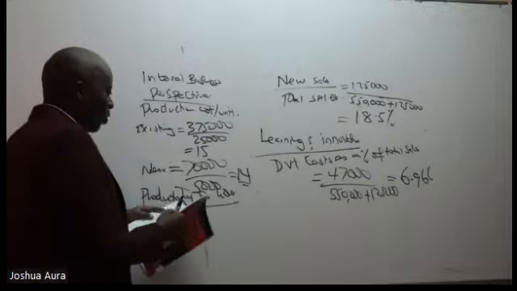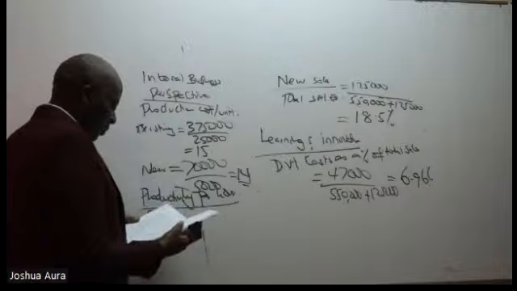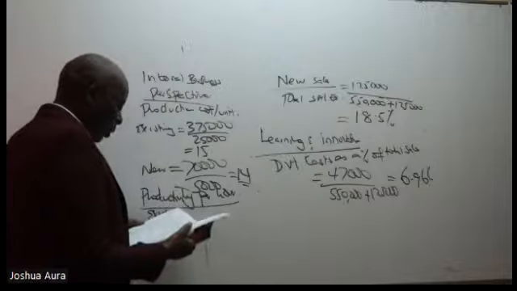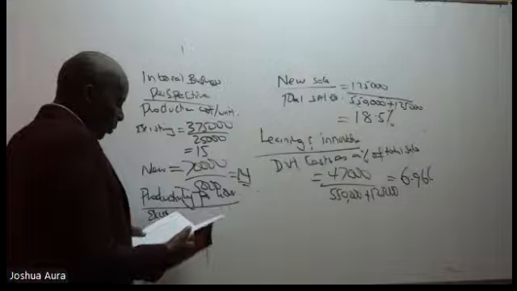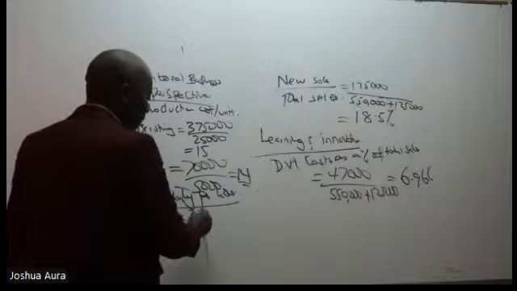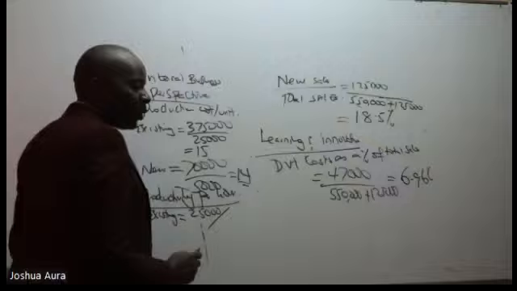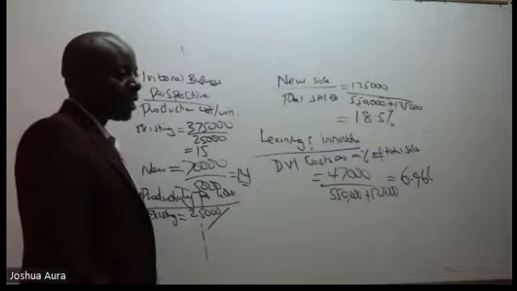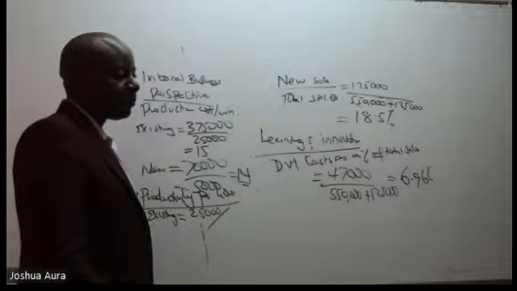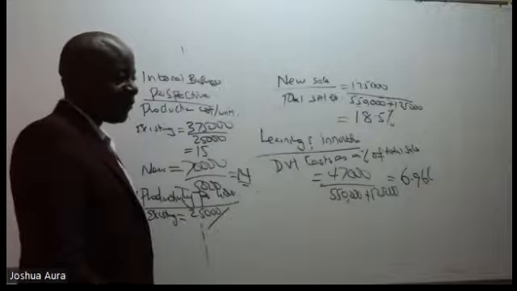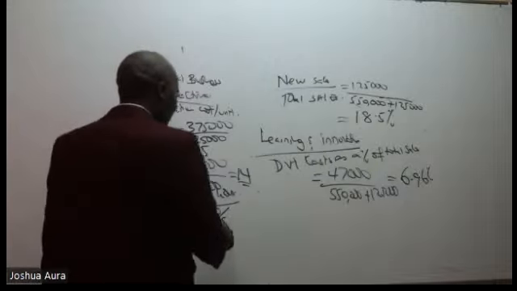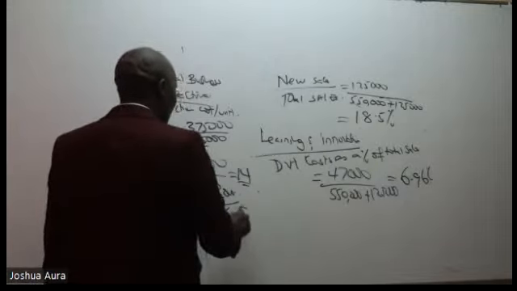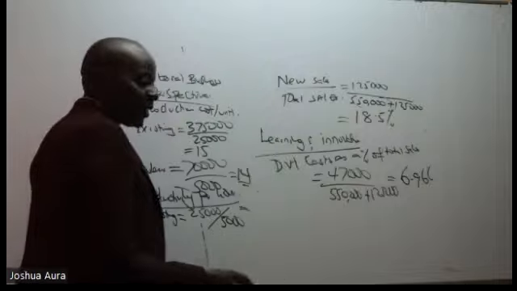We produced 25,000 units, which took us how many hours? 5,000, isn't it? Which took us 5,000 hours. So 25,000 divided by 5,000.